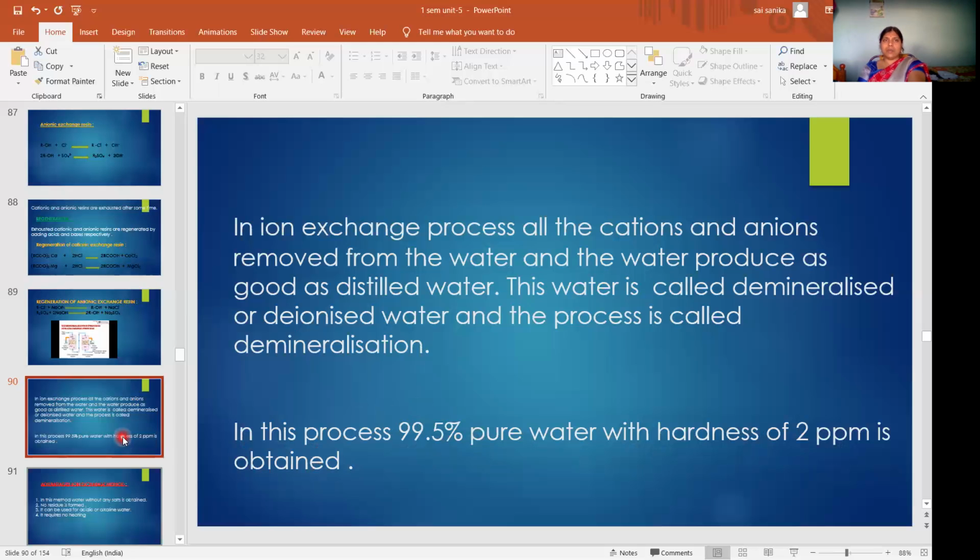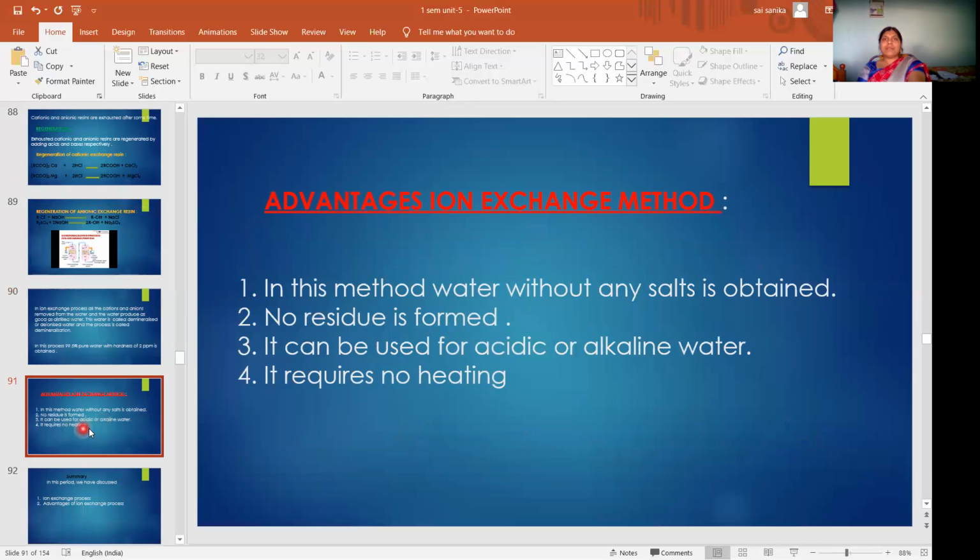So this is about the ion exchange process. Then come to the advantages of the ion exchange process. First, in this method, water without any salts is obtained. Whatever water you get, there are no salts.